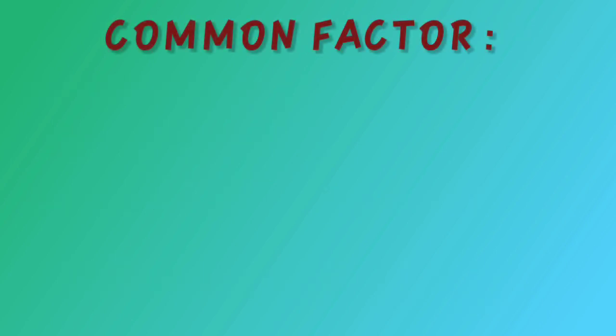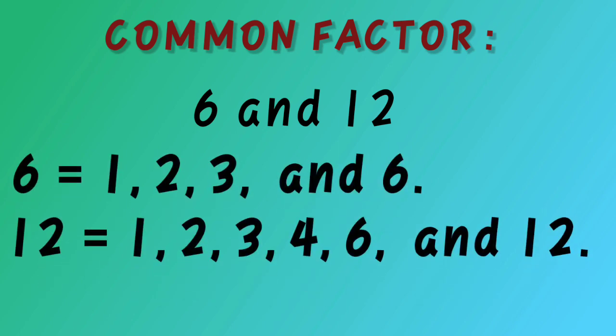Our next topic is common factor. If I take two numbers 6 and 12, factors of 6 are 1, 2, 3 and 6. And the factors of 12 are 1, 2, 3, 4, 6 and 12. अब हमें देखना है कि इनमें कॉमन फैक्टर क्या है.